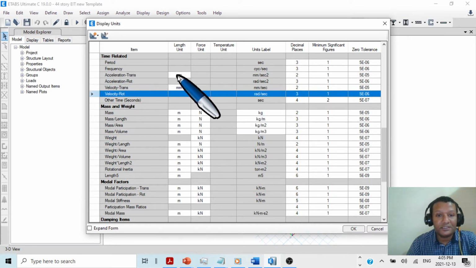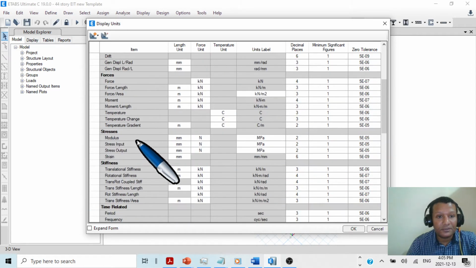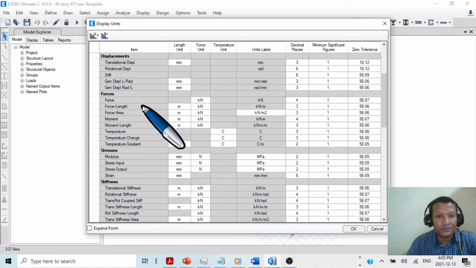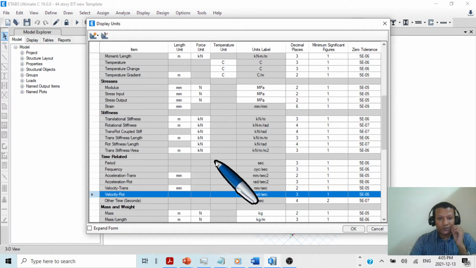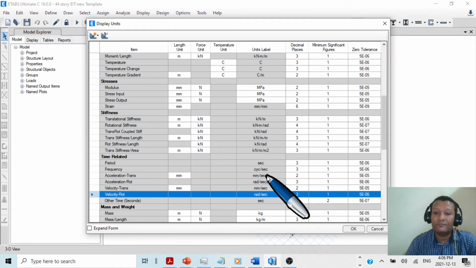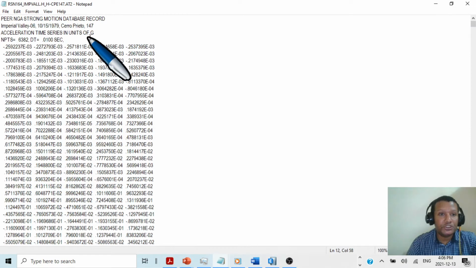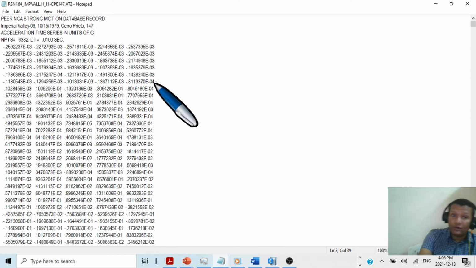As you can see, this is millimeter per second square. We don't have other acceleration, force, moment. So once we know that our acceleration is millimeter per second square, and this one is in G, then we have to multiply by 9810 just to make it compatible with this one.